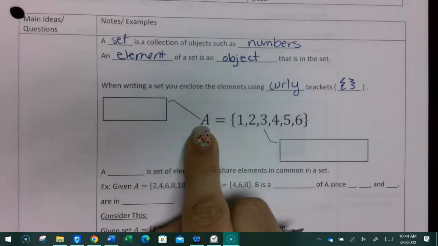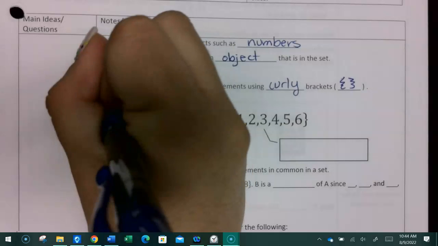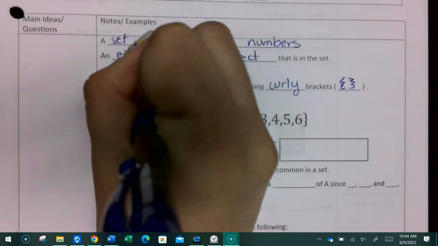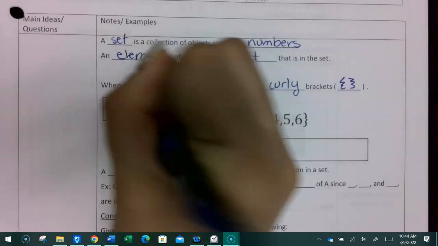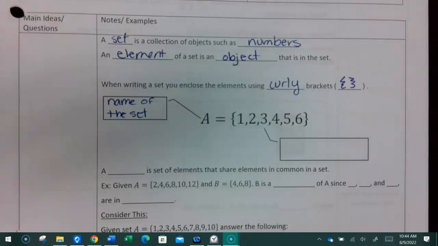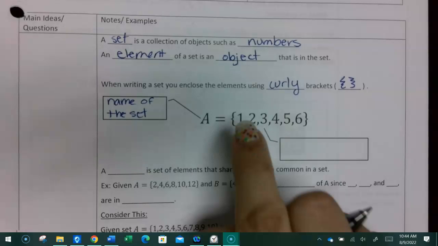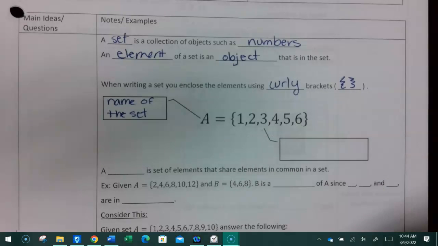This A is going to be the name of the set. And then these numbers are the elements of a set.